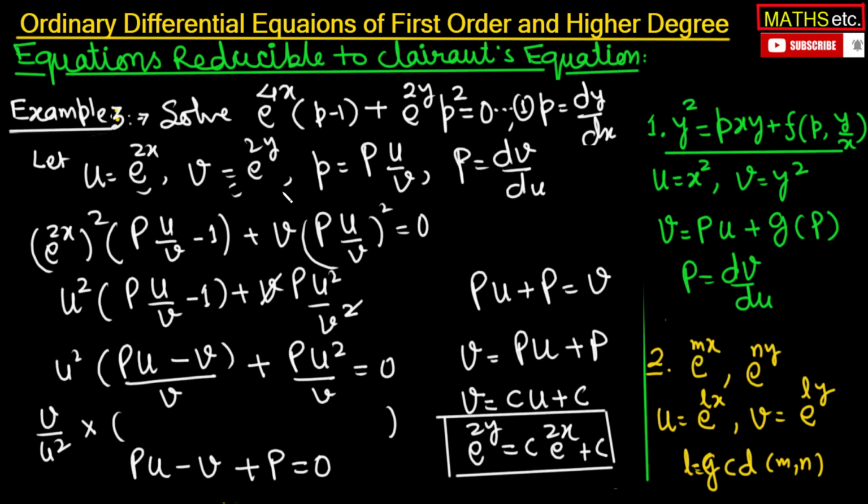The more problems we practice solving, the better idea we will have of what kind of transformation to take in a particular problem. In this video, we solved three examples of type 1 and type 2, where we knew the kind of transformation we had to use.